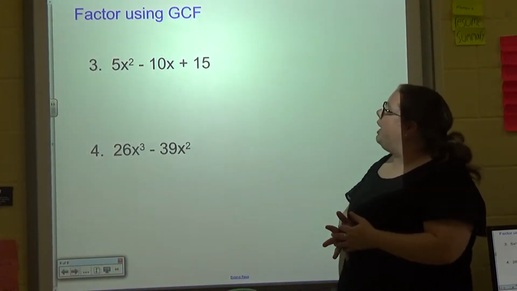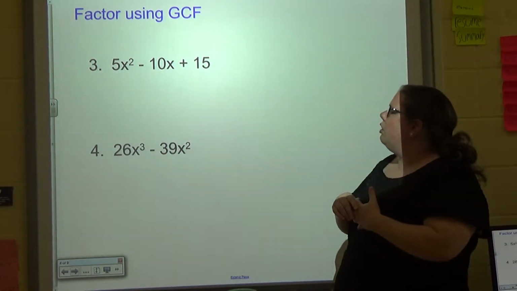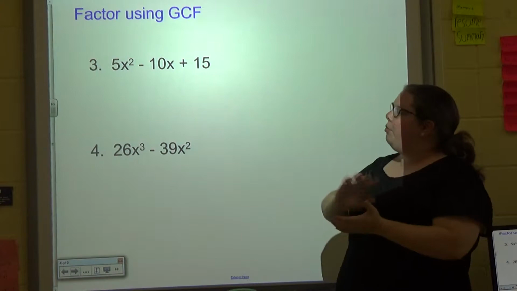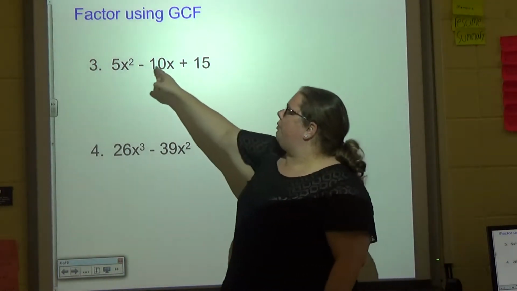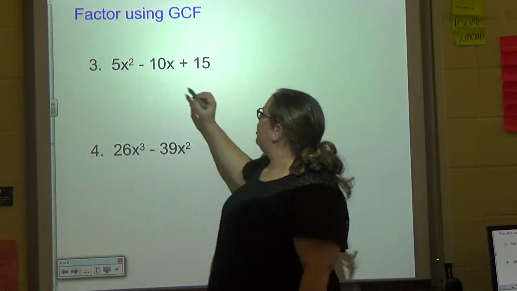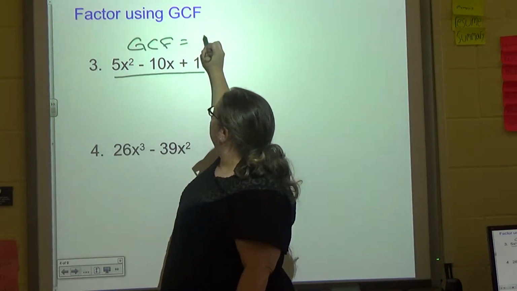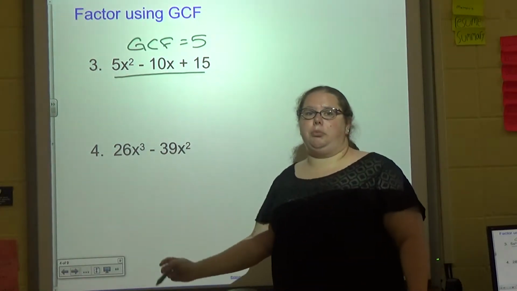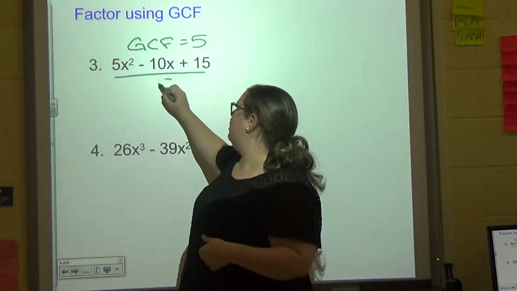Okay, so now let's do a quick review on GCF. So that top one, what's the GCF? What can go into all 3 of those? Hopefully you recognize it's 5. So my GCF is 5, right? So reverse distributive property, instead of multiplying, it's the reverse, we divide.